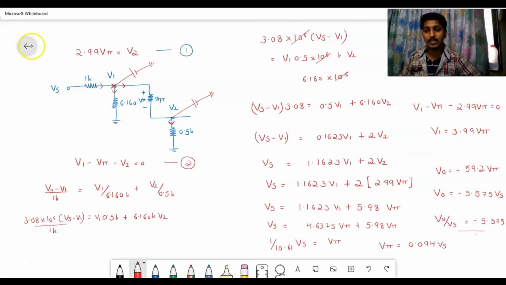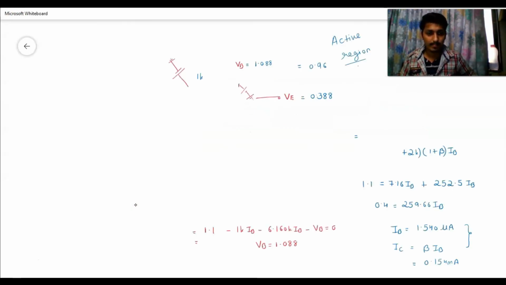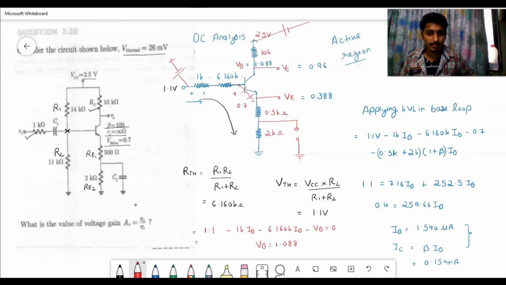So the final answer is, I will write it here, minus 5.575 voltage gain. That is nothing but V naught by Vi. Sorry, I have written here Vs. You can change it to Vi only. So we have got 5.575 negative. So voltage gain comes out to be negative 5.575.